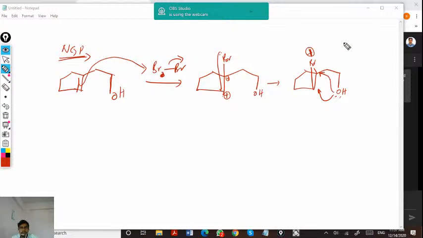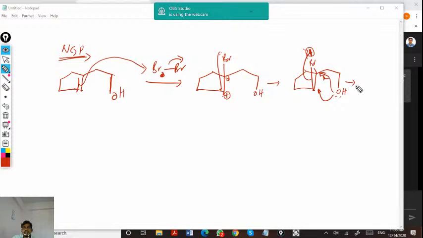So these two sides can be attacked by the OH, but wherever there is high carbon attachment, that is high steric hindrance, the more substituted carbon has more steric hindrance, so OH will attack from the less substituted carbon. So this is going to be the carbon attachment, the OH attacking point.